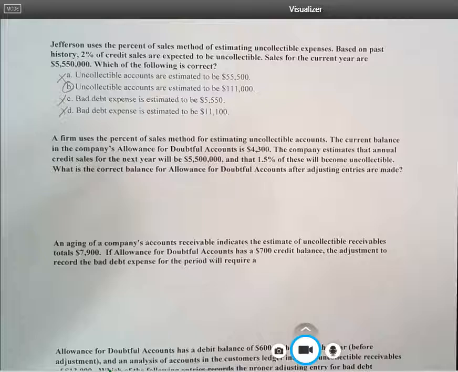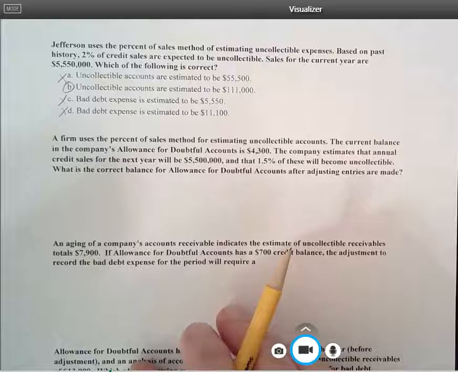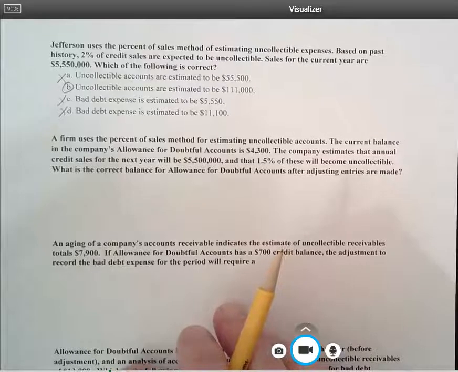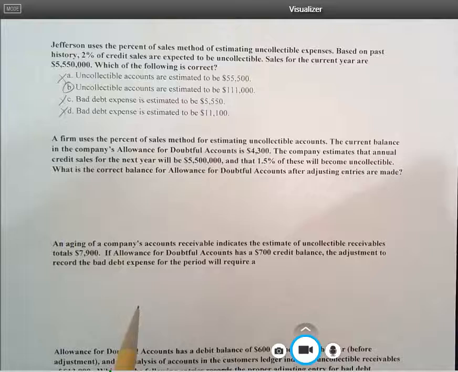Company estimates that annual credit sales for the next year will be 5.5 million. So see, they're telling us that they're credit sales here. So that's good. And that 1.5% of these will become uncollectible. Question, what is the correct balance for allowance for doubtful accounts after adjusting entries are made?